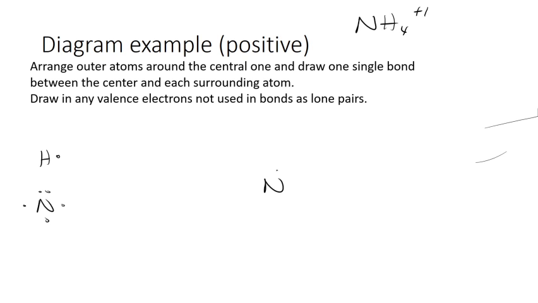So nitrogen, we've got our 4 hydrogens, and we're going to draw single bonds between them. Remember, the bond is 1 electron from hydrogen and 1 from nitrogen. So we've used up 4 electrons from nitrogen. We've got our 4 hydrogens, each with 1 electron, and we've used up those electrons.